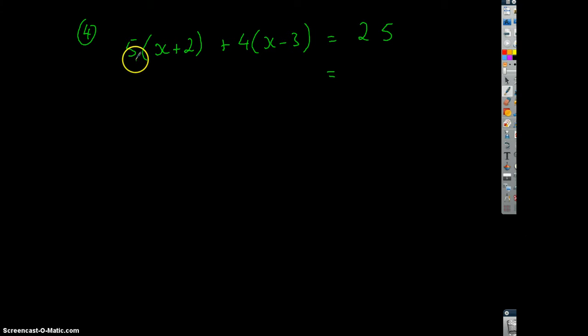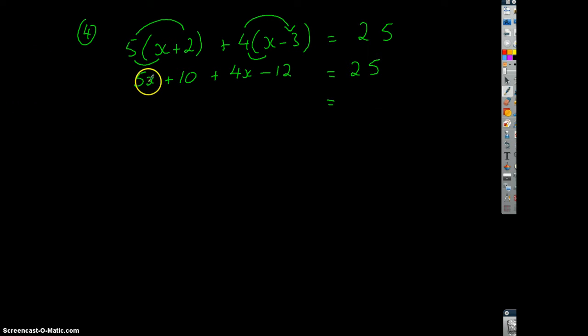Okay, so what does this mean? This means 5 times x, 5x, 5 times positive 2, which is 10, plus 4 times x, that's 4x, and then 4 times negative 3, which is negative 12, equals 25.